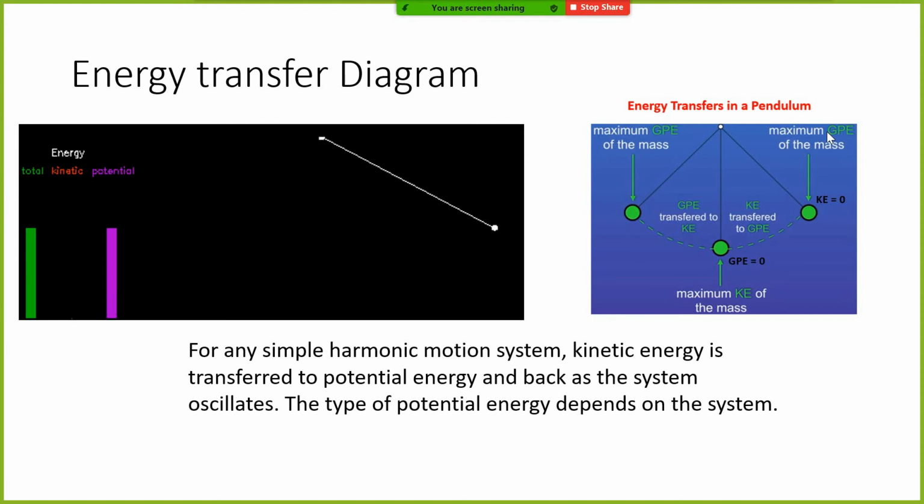We went through the maximum kinetic energies in the middle, and how the energy transfers in the pendulum, and the max energy and different types of energy, like kinetic energy. Yeah. Mm-hmm.